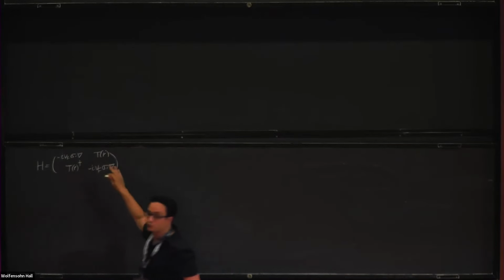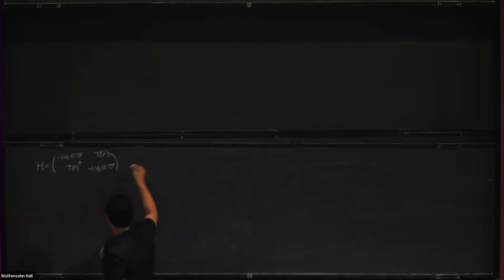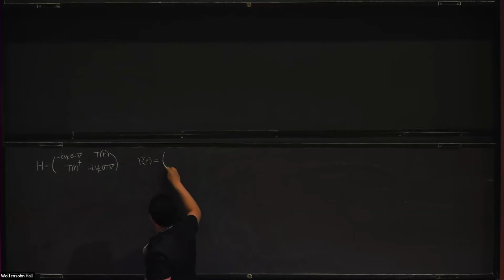This is a 2 by 2 matrix in the layer space, and each of these is a 2 by 2 matrix in sublattice. I didn't write it very explicitly yesterday, but it looks like this.